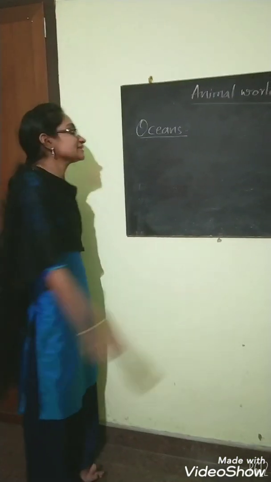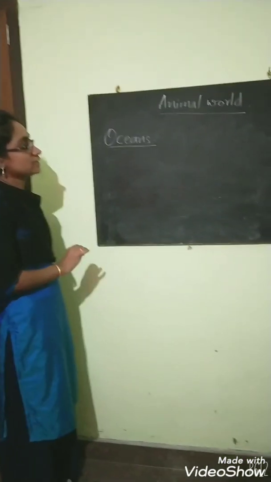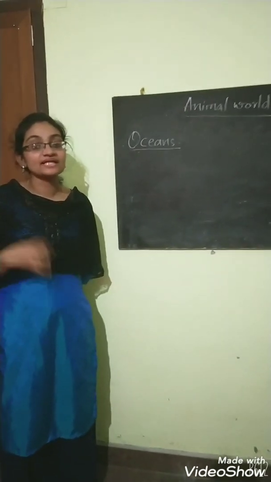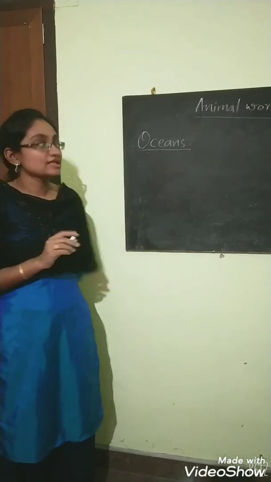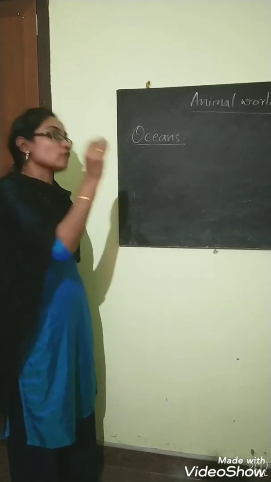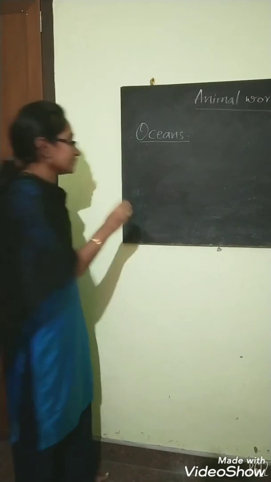The next habitat is oceans. Oceans are the largest habitats. They include a large number of animals. The animals living in water are called aquatic animals.